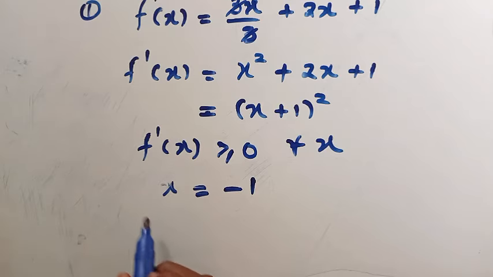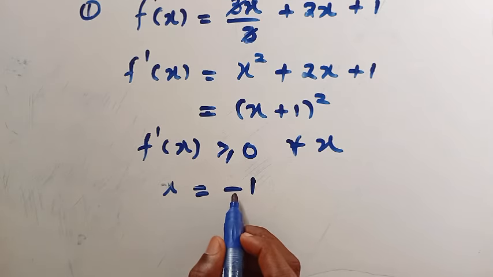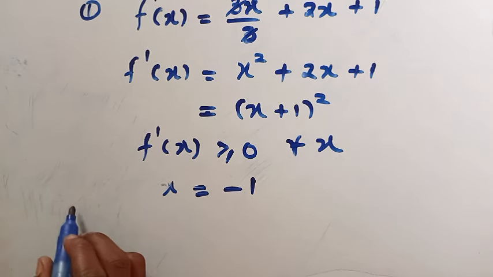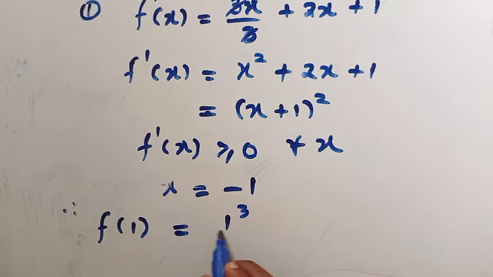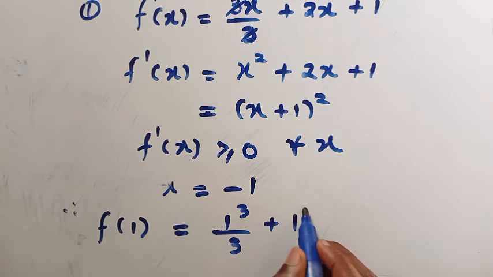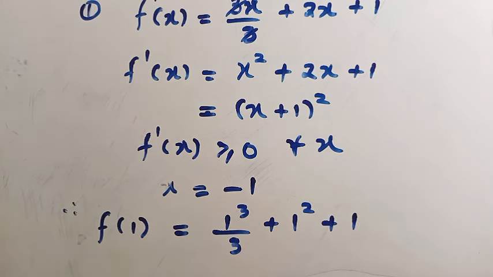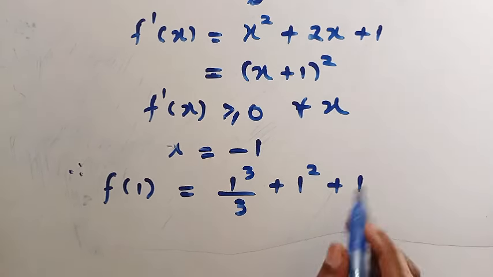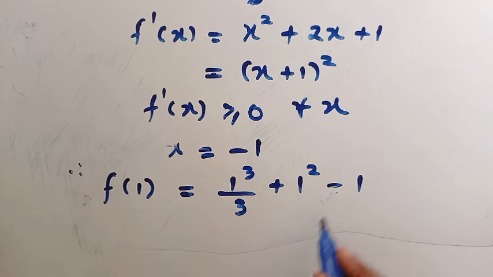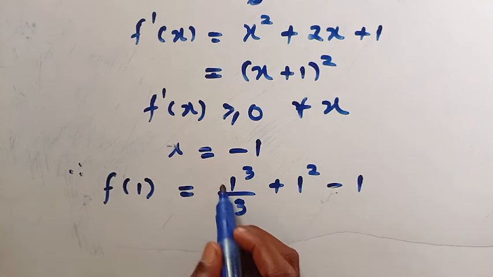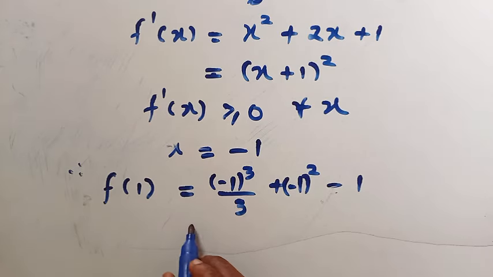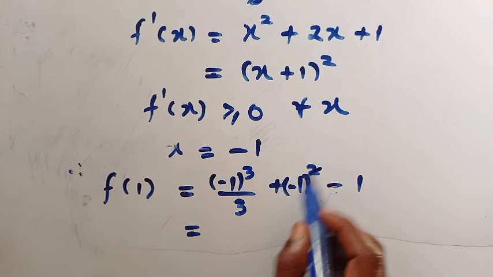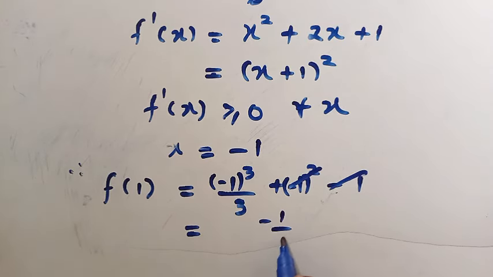So let's check by substituting x equals minus 1 into the original function. We have f of minus 1 equals minus 1 cubed divided by 3 plus minus 1 squared, and the last one is minus 1. So this is minus 1 raised to power 3, this is minus 1 squared. Everything cancels, and we have minus 1 divided by 3 for f of minus 1.